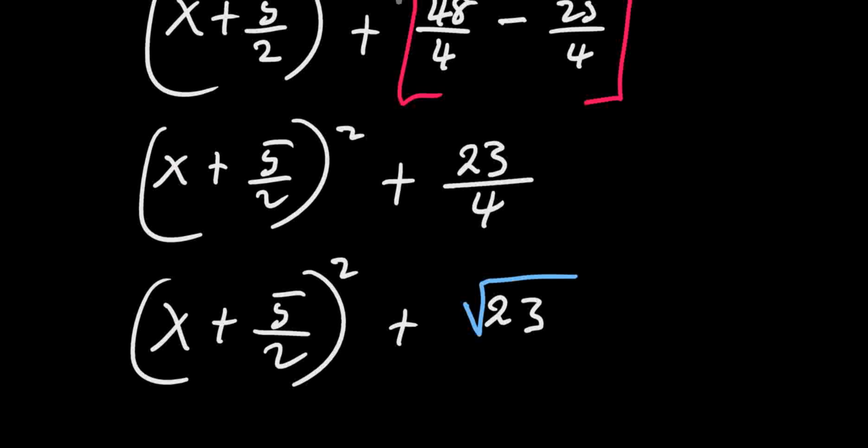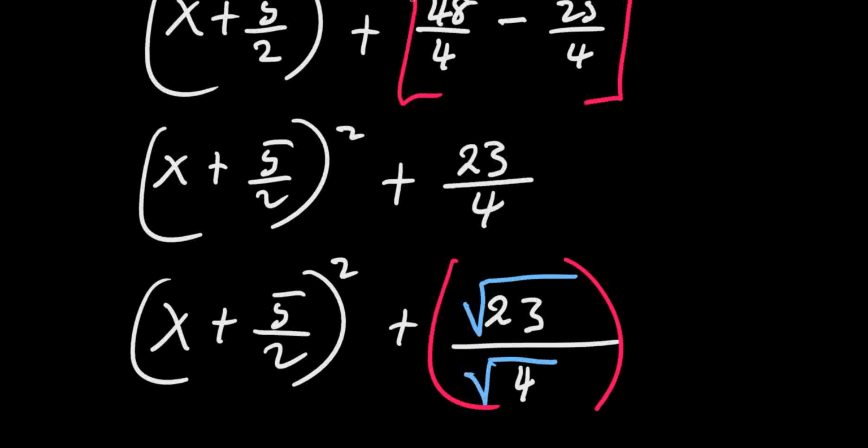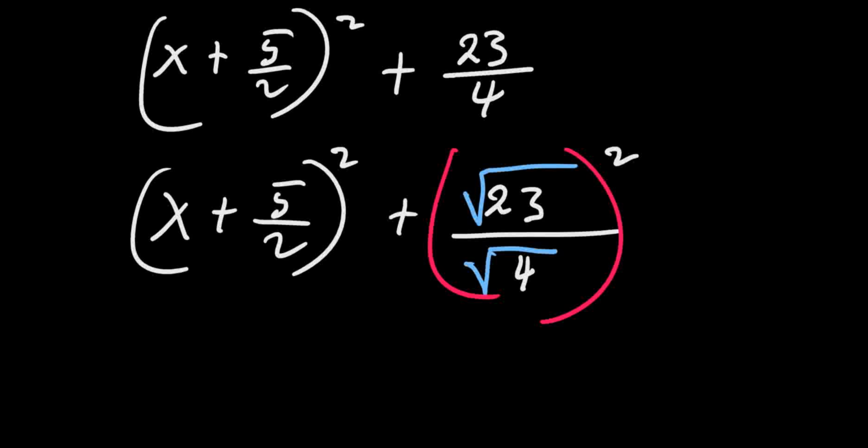23 is the square root of 23 over the square root of 4. So just put that in parentheses and squared, so the value remains the same. The square root of 23 squared is 23, and the square root of 4 squared is 4.